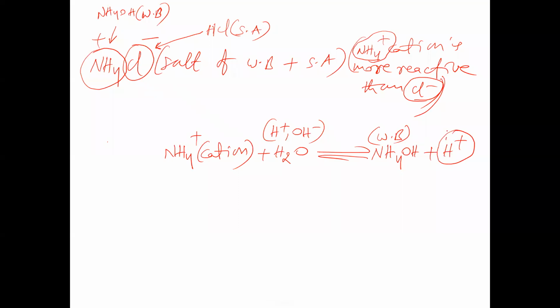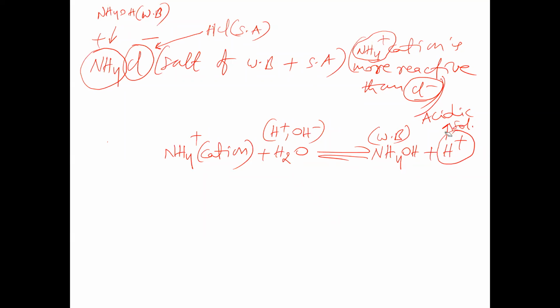So would an acidic solution or a basic solution be produced? An acidic solution is produced, because H plus ions are produced along with this weak base. So whenever a cation interacts with water, whenever cationic hydrolysis takes place, the solution formed will always be acidic in nature.